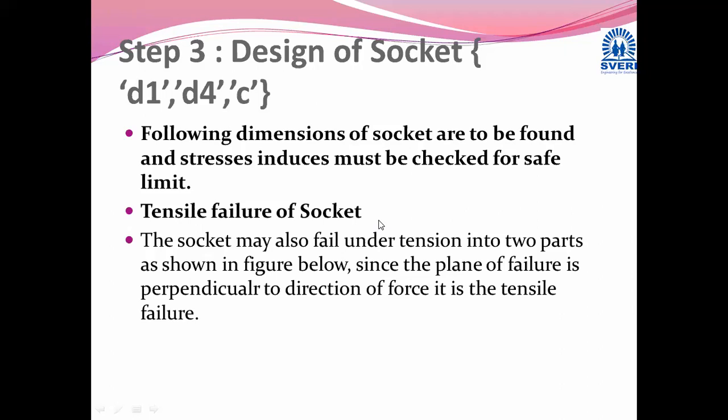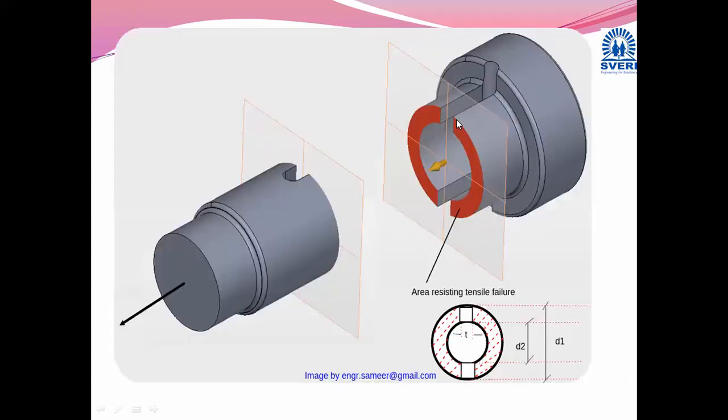So when we are going to consider the socket, first of all, we have to check which dimensions we are going to calculate. D1 is the outer diameter of that socket. D4 is the collar diameter. Okay, and C is the remaining distance here from the pin that you have to calculate.